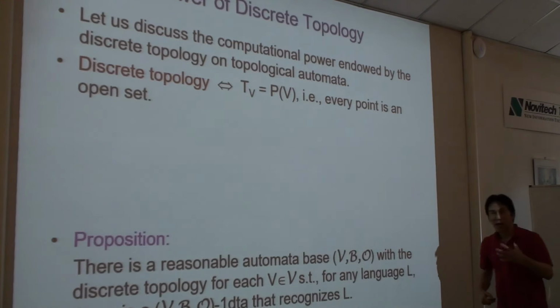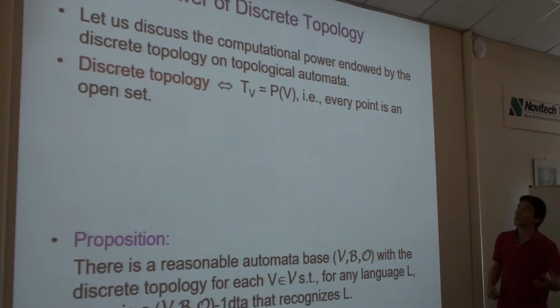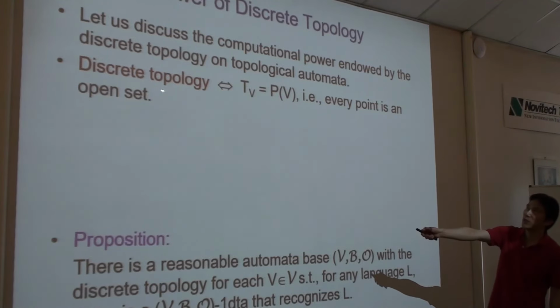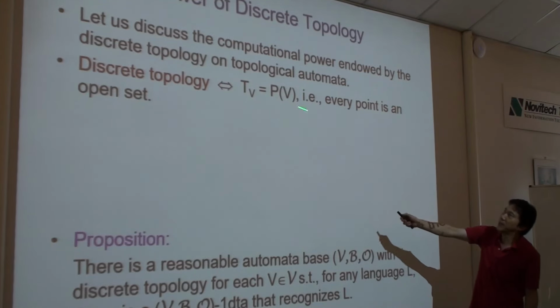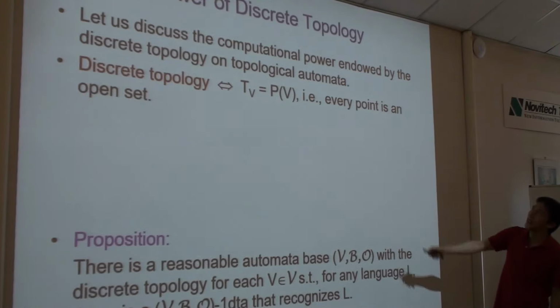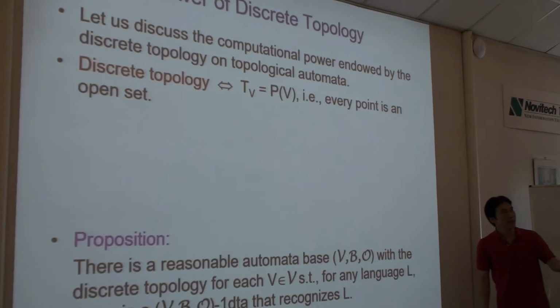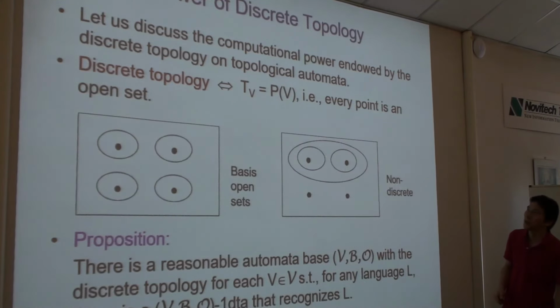Now I'm going to explain the power of the particular topologies. First, we have seen three different kinds of topologies. The first one is the discrete topology. That means every subset of V is an open set, so this is the most powerful.